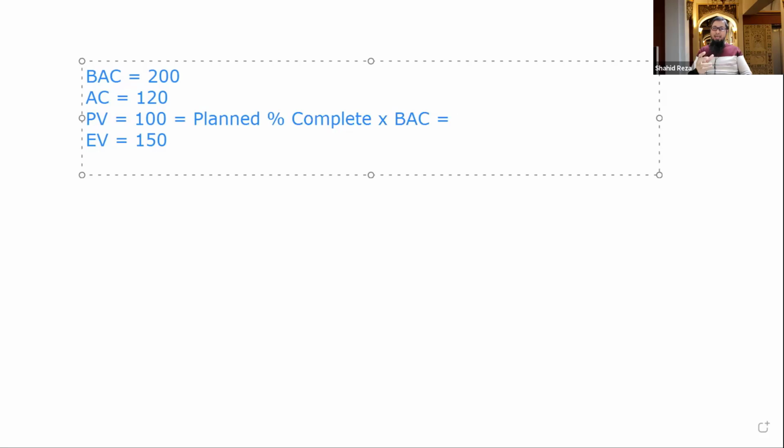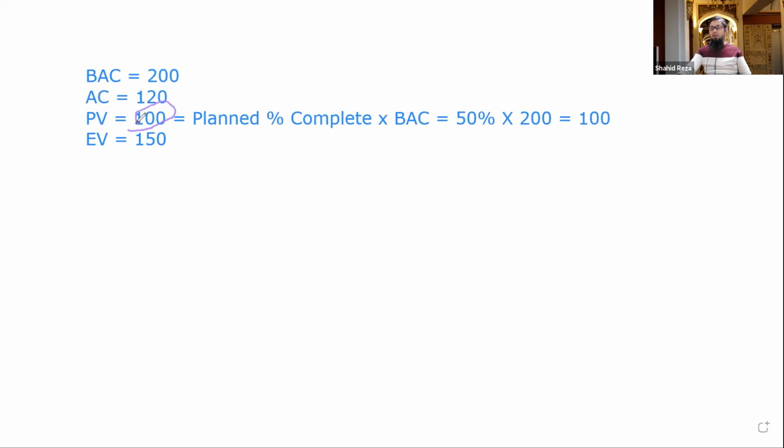Our plan was that by the second day we'll complete 2 walls. Out of 4 walls, that is 50% of the scope. So 50% into BAC, $200, gives a planned value of $100.